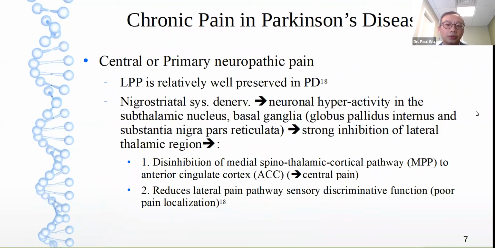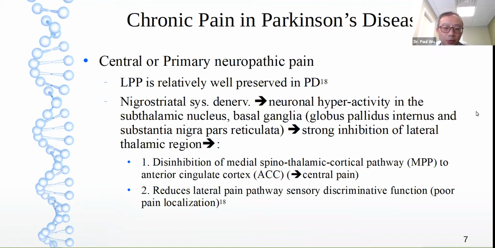In central neuropathic pain, the lateral pain pathway is relatively preserved from lesions by Lewy bodies in Parkinson's disease. However, nigrostriatal system denervation, which occurs in Parkinson's, can cause neuronal hyperactivity in the subthalamic nucleus and basal ganglia nuclei, which can cause strong inhibition of the lateral thalamic region.